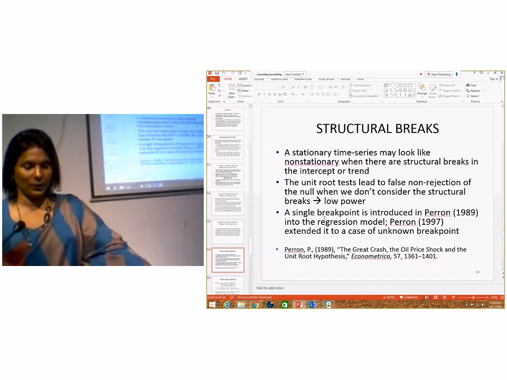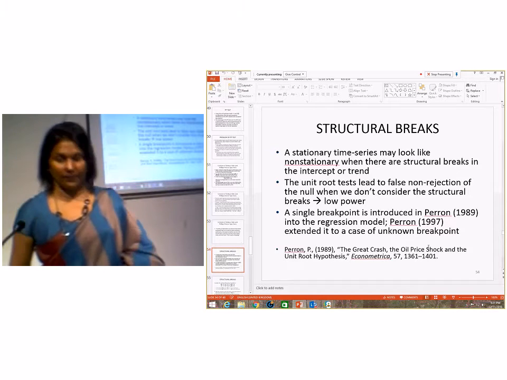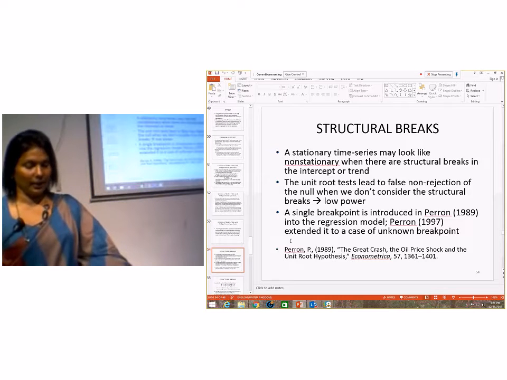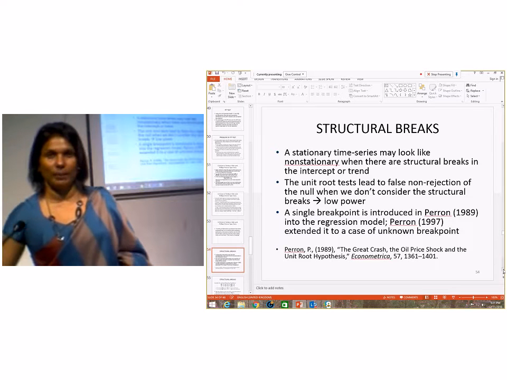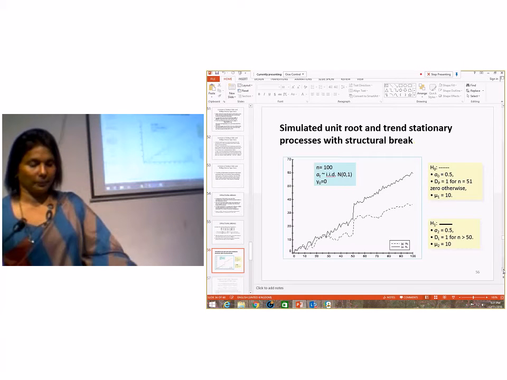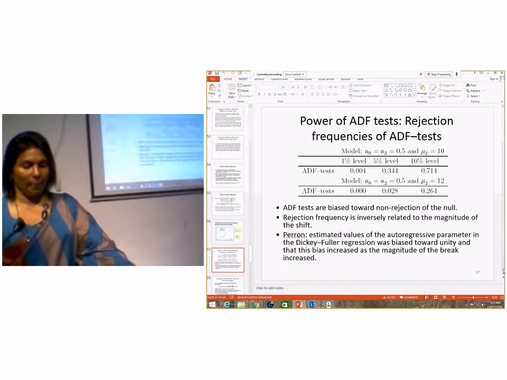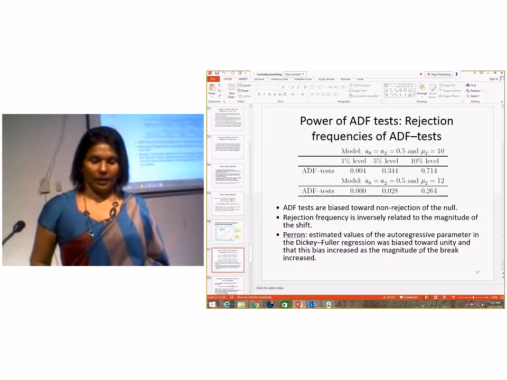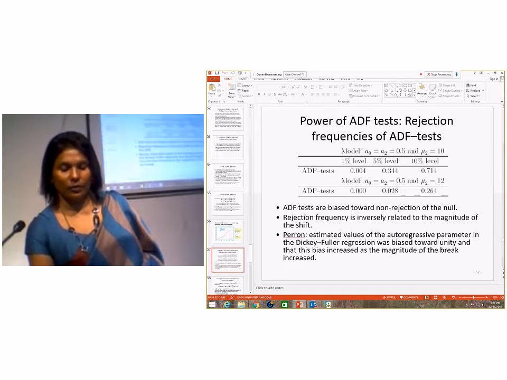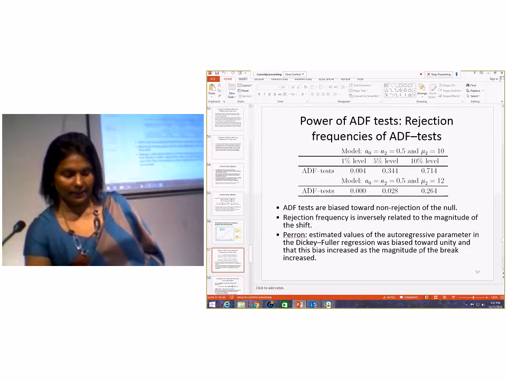If you wish to read more about structural breaks, you can see the Perron article.